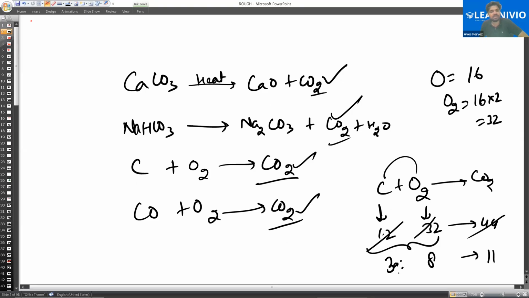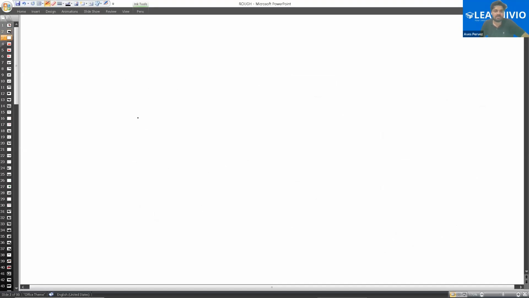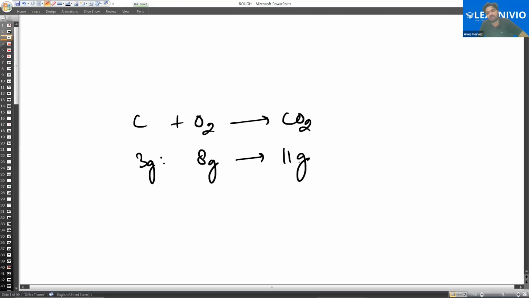For every 3 gram of carbon, it will require 8 gram of oxygen. But it does not mean that you require a minimum of 3 gram. No, it is not so. If the ratio of carbon and oxygen in carbon dioxide CO2 is 3 to 8, then for every 3 grams of carbon you require 8 grams of oxygen to give 11 grams of carbon dioxide.